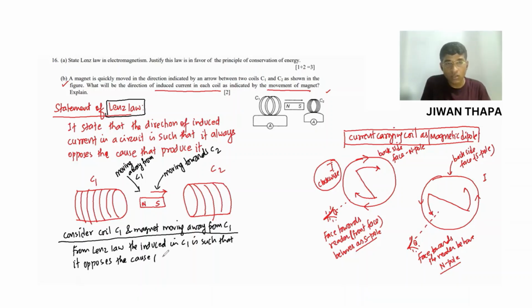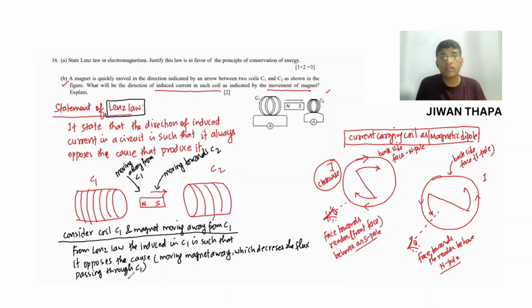And what is the cause? The cause is the moving magnet away, which decreases the flux passing through C1. So as we know, the induced current in C1 is such that it opposes the motion of the magnet.